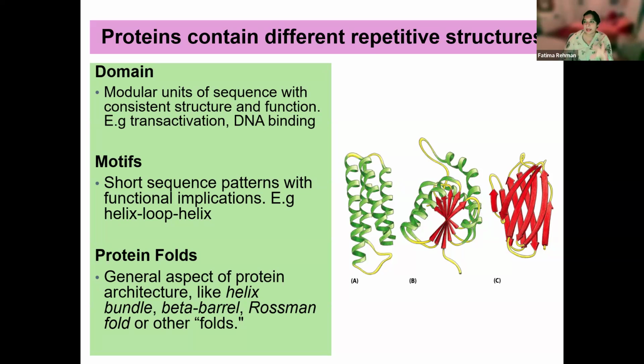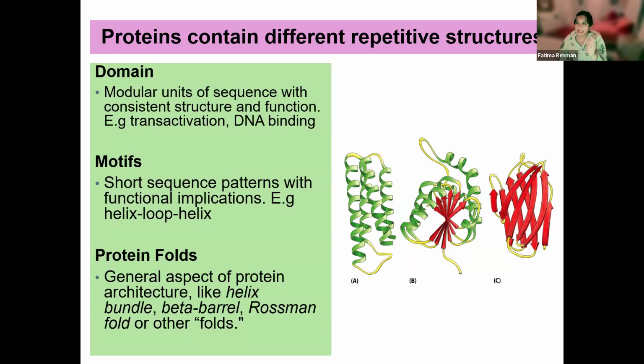For example, it allows the protein to bind DNA, or it allows the protein to be activated by another protein or phosphorylation or anything like that. Motifs, on the other hand, are shorter sequences. They are again similar to domains, but much smaller. And these are patterns that will have, again, a functional implication.